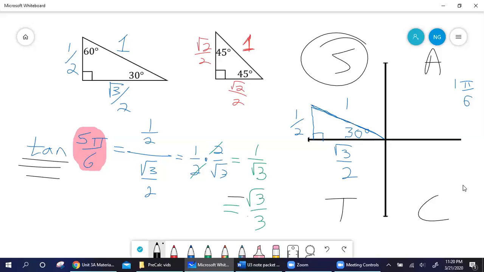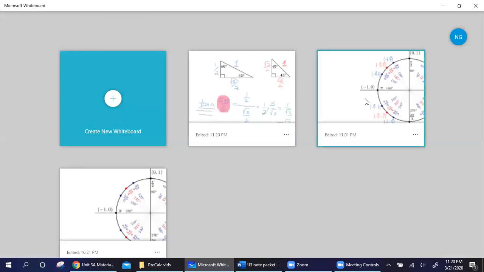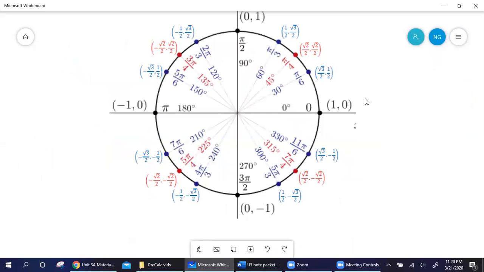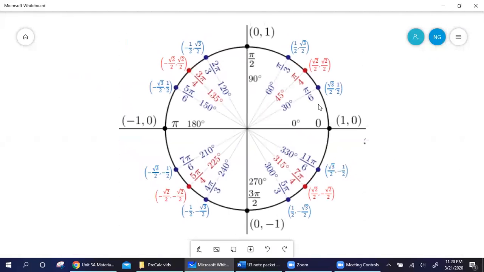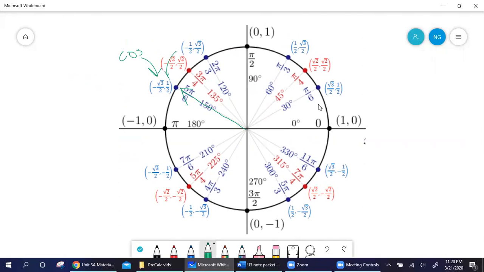That's using the triangle method to solve this. If you prefer, and again, it is up to you, if you want to have all of these figured out and memorized, and again, this would be a no calculator part, but when you start the exam, I'm fine with you writing this out. There's my angle. Remember, these go cosine followed by sine.